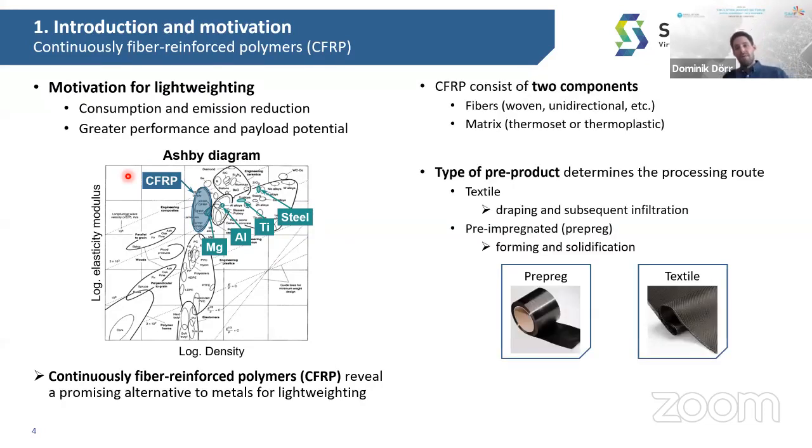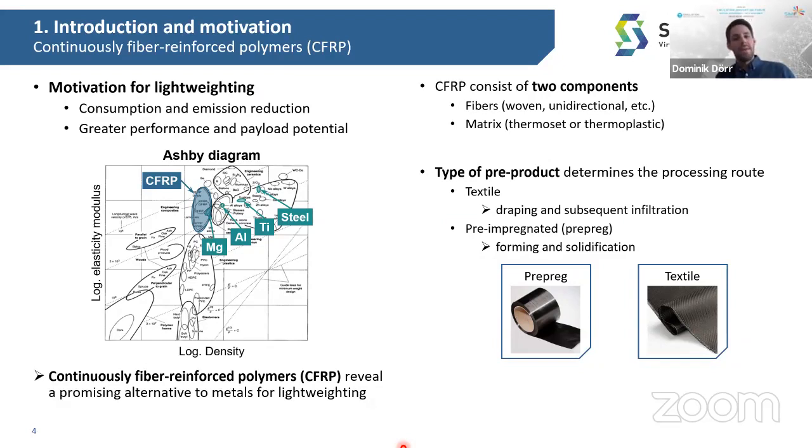But what is a fiber reinforced composite, and especially a continuously fiber reinforced composite? What we have to know is that continuously fiber reinforced composites consist of two components. We have on the one side the fibers, which can be woven or unidirectional, and on the other side we have the matrix, which can be either thermoset or thermoplastic. Now we also have different types of pre-products for continuously fiber reinforced composites.